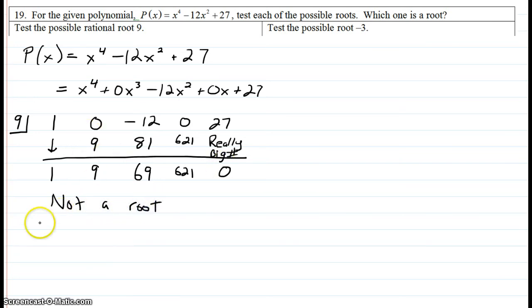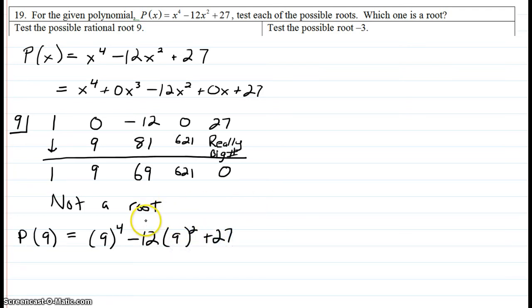Now, if you wanted to, like I was saying, you could just take 9 and substitute it in. I haven't done this yet, so I'm going to have to use my calculator. But you're going to see it's going to be a really big number. 9 to the 4th is 6,561. 9 squared is 81. 81 times 12 is 972, plus 27.